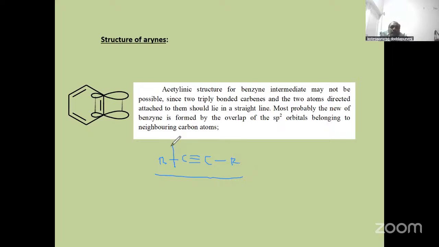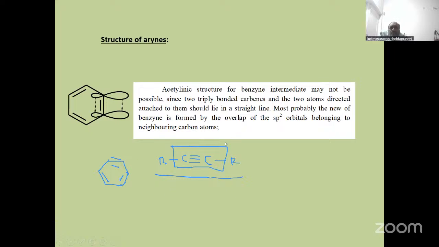Up to this, we call it an acetylenic bond. This acetylenic bond is existing in this benzyne. In the benzene, three bonds are there. Now, this benzyne is having an acetylenic structure. This acetylenic structure is generally linear.